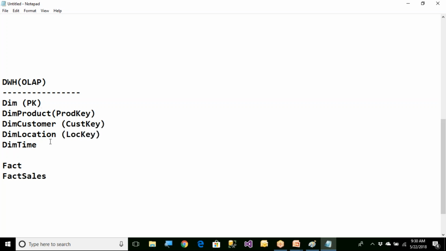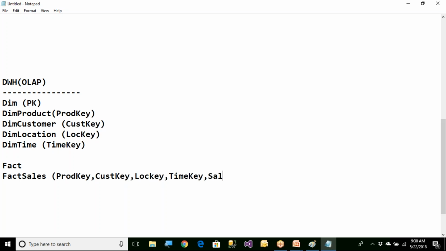And in the dim time table, you may have time key, and these are the primary keys. And when you take the fact table, you have a product key, a customer key, a location key, and a time key.